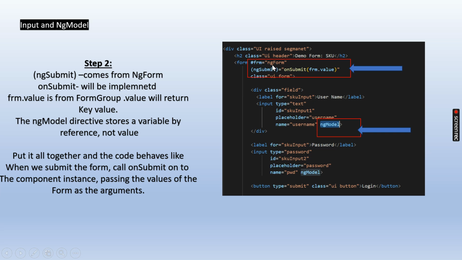When you define ngForm, it is automatically followed by ngSubmit as well. ngSubmit will be followed by onSubmit. So this ngForm will be stored at the form, #frm. You can use hashtag frm. Hashtag is the Angular specification. You can define a hashtag on a form.